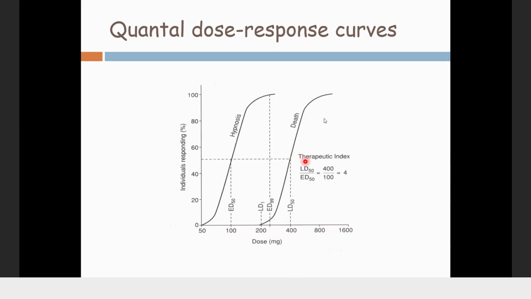So the therapeutic index of this drug is calculated as LD50 divided by ED50, which is 4. So the therapeutic index of this drug is 4.